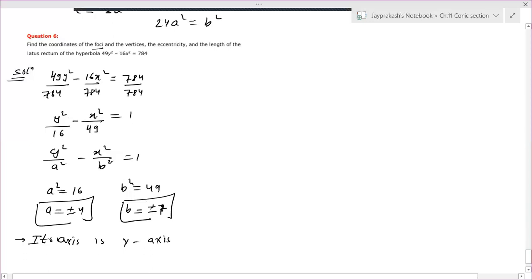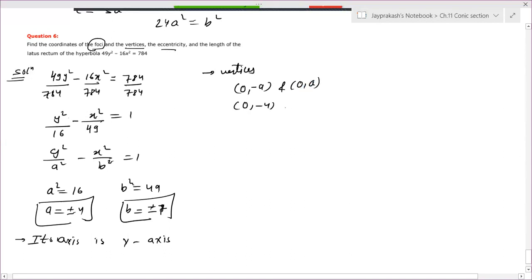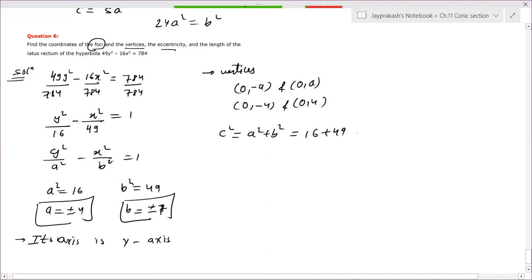Now we need to find the foci, vertex, and eccentricity. So its vertices will be 0 comma minus a and 0 comma a, along the y-axis. So 0 comma minus 4 and 0 comma 4. Then c square is equal to a square plus b square, 16 plus 49, that is 65.